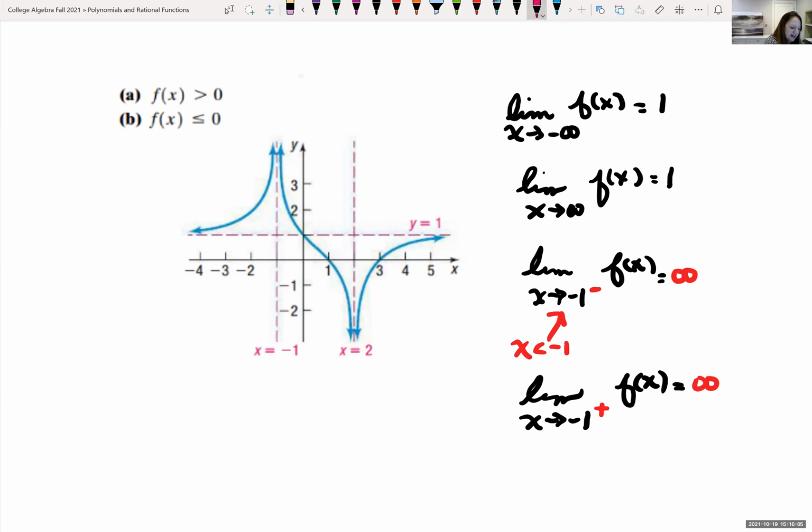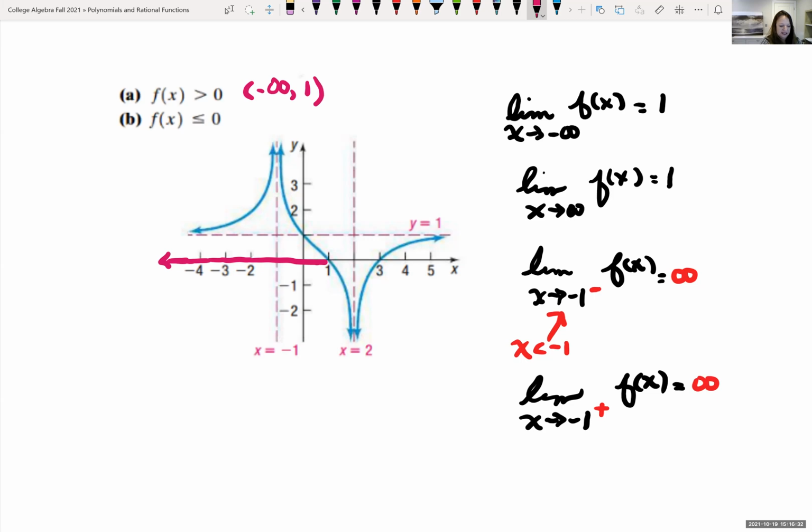And so I see that my graph, and I'm going to just look at the X values, my graph is above the X axis, coming in from negative infinity until I hit this X intercept. And then it dips below the X axis. So I'm coming in from negative infinity, negative infinity to 1, strictly greater.